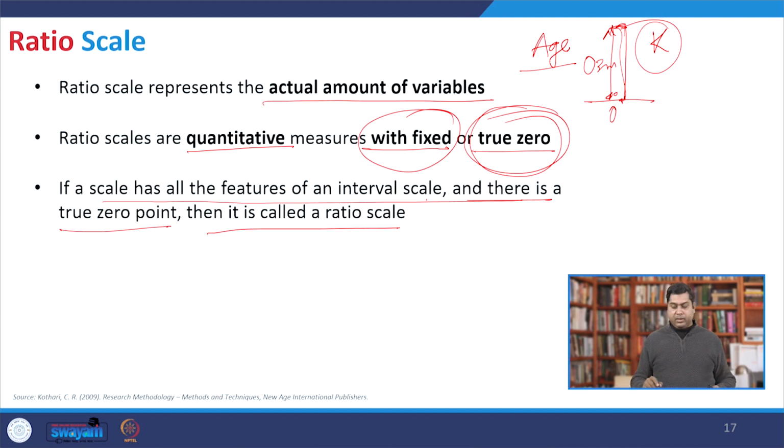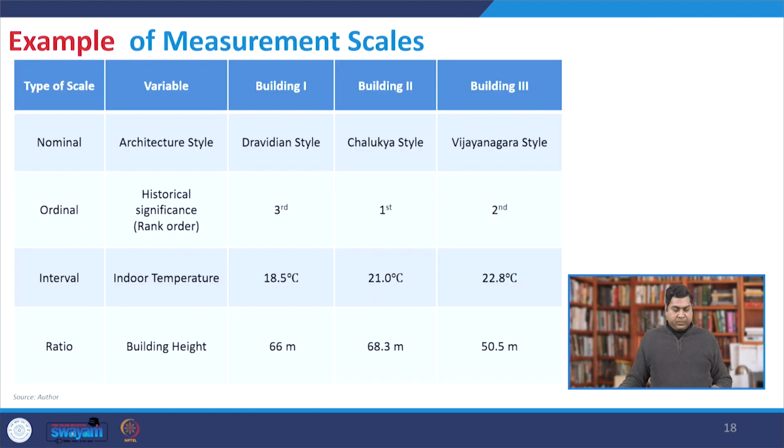So, in this particular case, if it is age, say for example, a father is now 40, and his son is now 8. So, we can always say the father's age is 5 times that of his son. So, this kind of ratio we can easily calculate, right. So, that is something possible with the ratio scale.